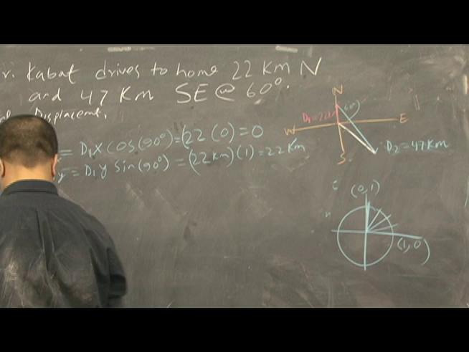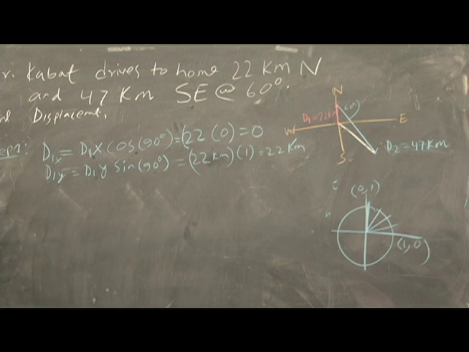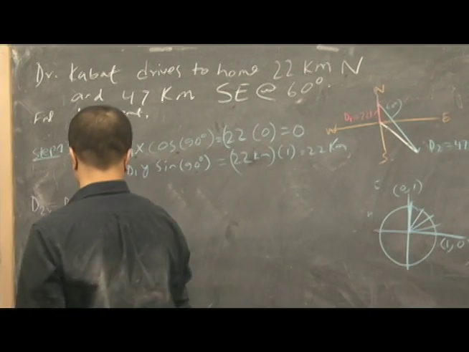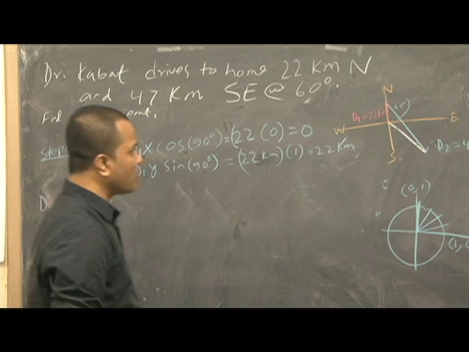Let's use a different color for finding D2. D2x is D2 cosine, what degree this time? It says 60 degree. This time he was not moving straight.